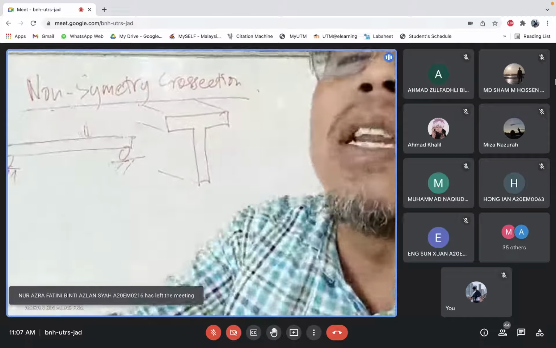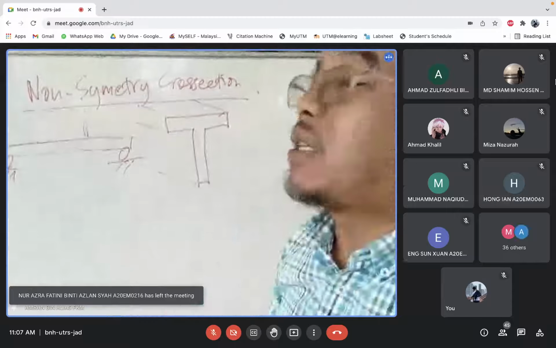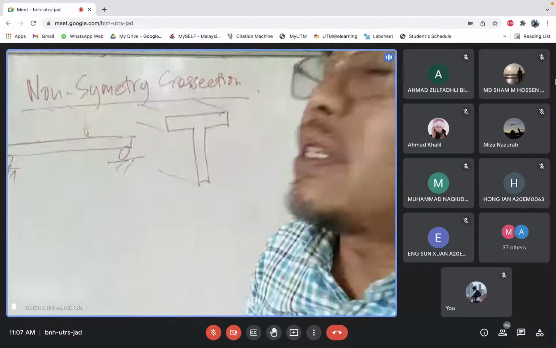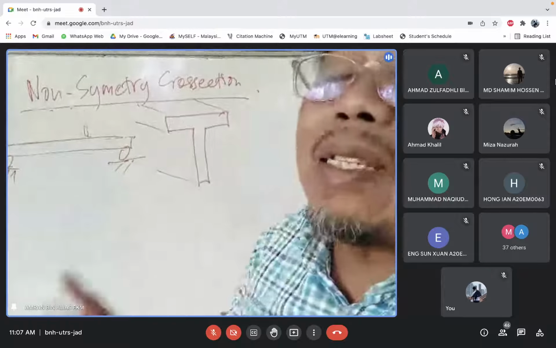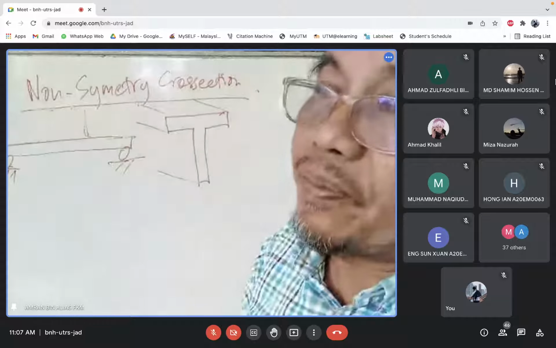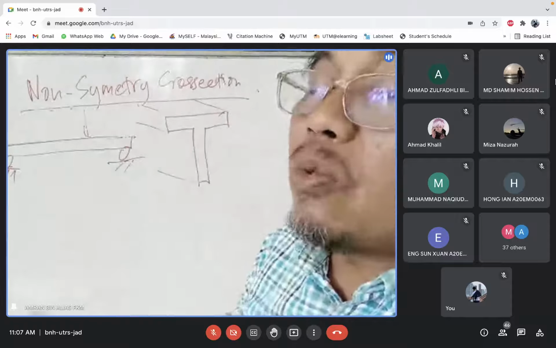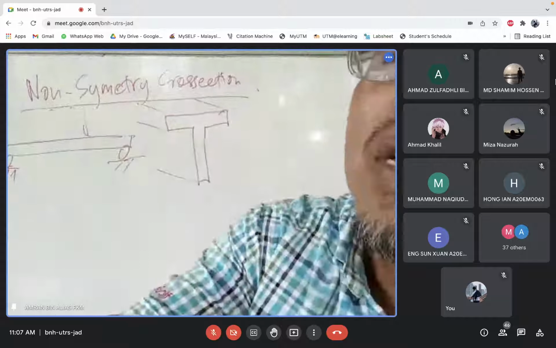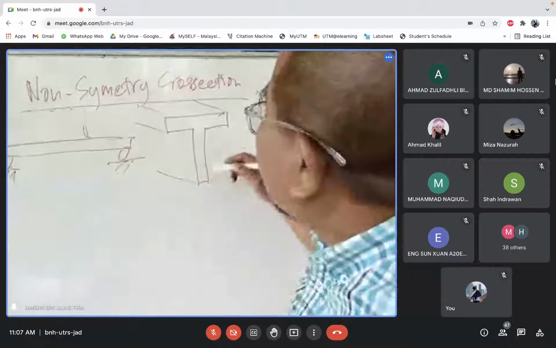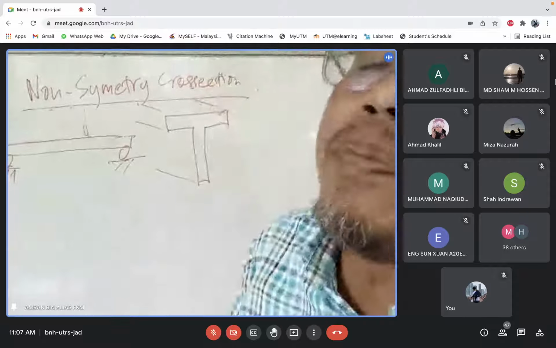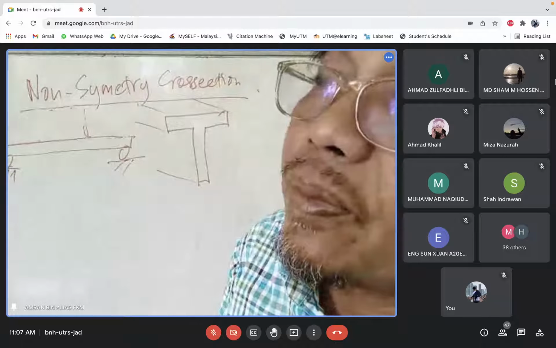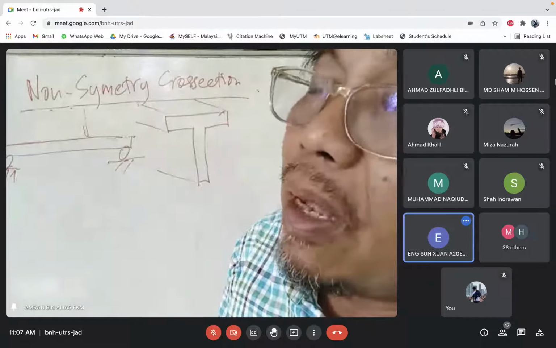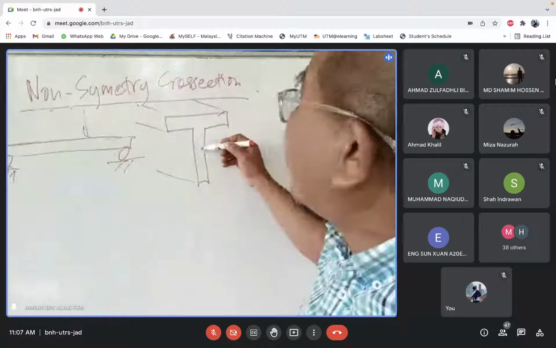The first thing that we have to realize from this non-symmetric section is where the neutral axis is. First is the position of the neutral axis we have to find out. If you see here, is it close to the top or close to the bottom? Close to the top. It's not in the middle anymore.